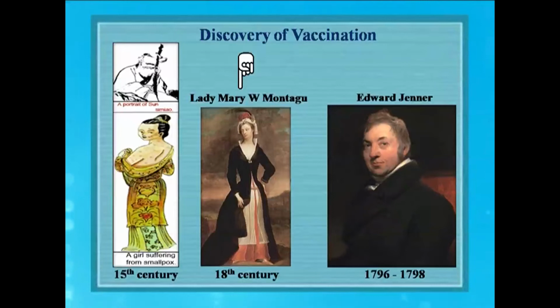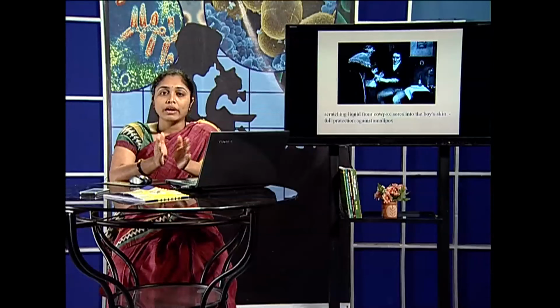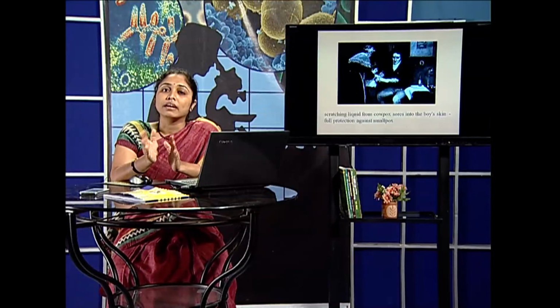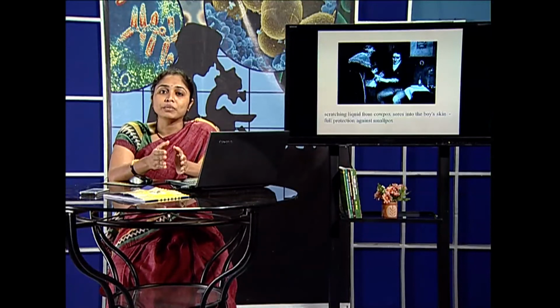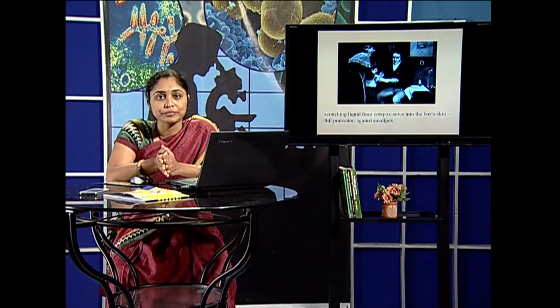Later in the 18th century, Edward Jenner discovered a safer technique for vaccination. Edward Jenner noticed that milkmaids who had suffered from cowpox would never catch smallpox. He reasoned that if fluid from the cowpox lesions was inoculated into an individual, he might be resistant to smallpox.